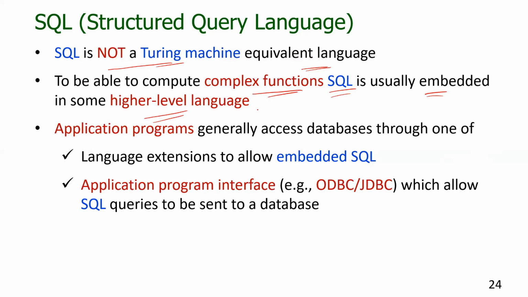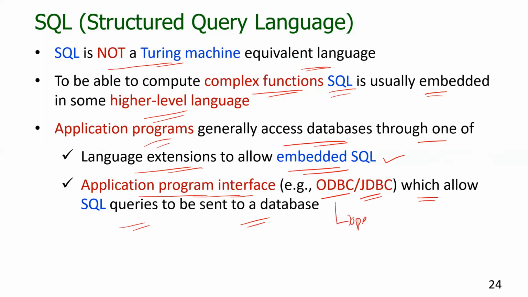That is, embedded SQL commands in high-level programming languages. Some application programs generally access databases through language extensions that allow embedded SQL, or through an application program interface that allows SQL queries to be sent to a database, for example ODBC and JDBC.